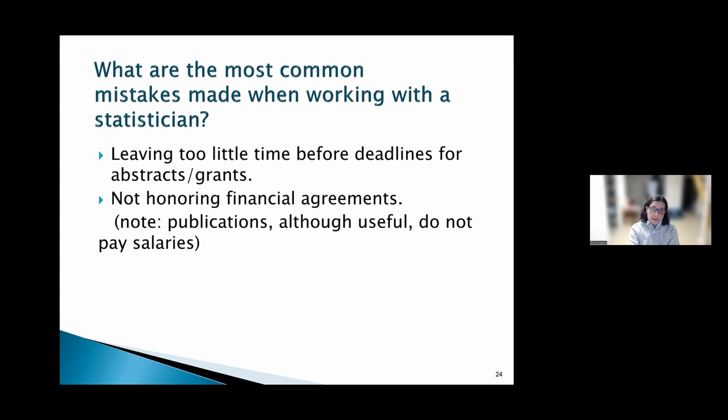And the other one is something that, especially in the past few years, has created some attrition: not honoring the financial agreements. So if you put us on the grant and the grant gets funded, the worst thing that you can do is to call us and say, I got a cut, I don't need you anymore.